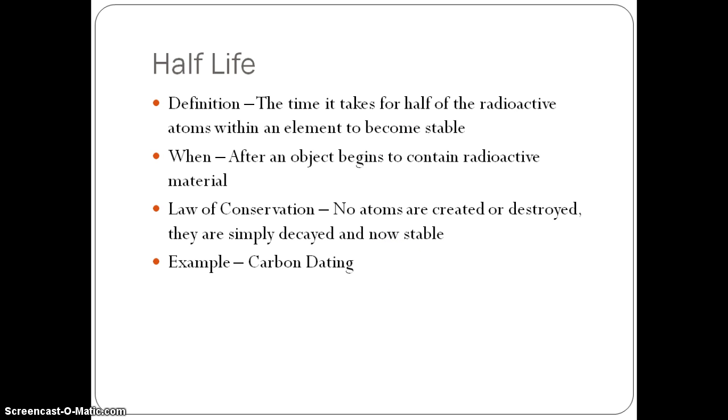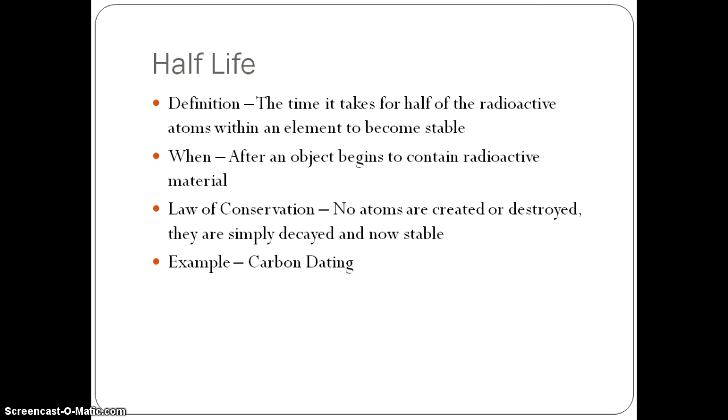Finally, we have half-life. Now the definition of half-life is the time it takes for half of the radioactive atoms within an element to become stable. This happens after an object begins to contain radioactive material.